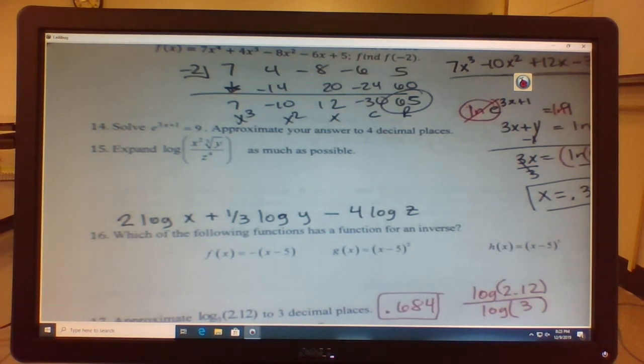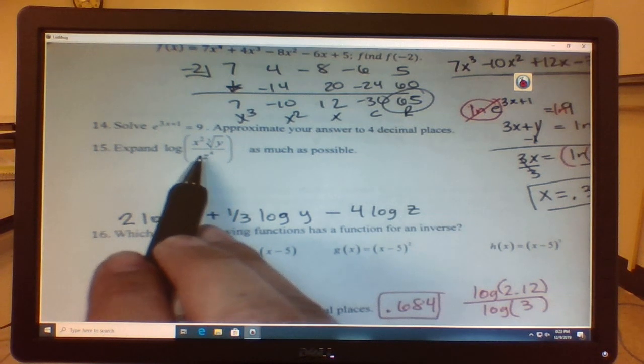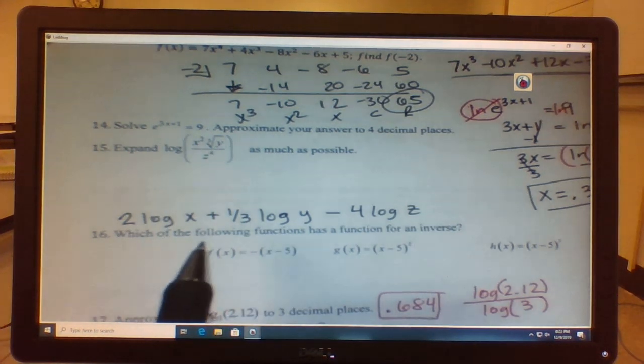Did y'all get that? Oh, so sad. Now, please remember, multiplication means addition, division means subtraction. And then you move your exponents to the front.